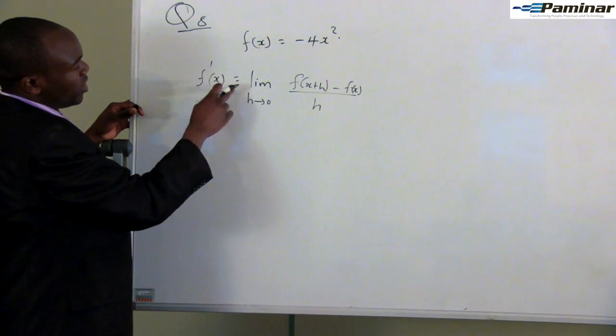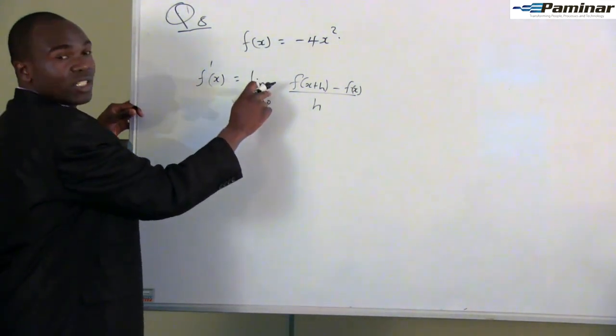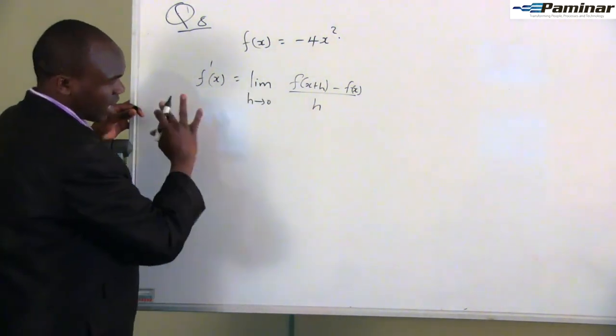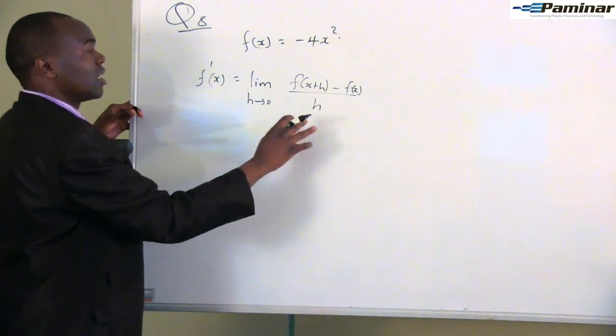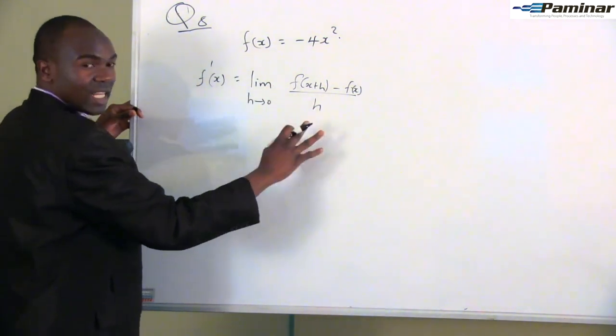Your limit should not be before the equal sign. No, it's wrong. If you leave out the limit, it's wrong again. So write it properly as it is. Don't put it on the other side. It should be exactly as it is.